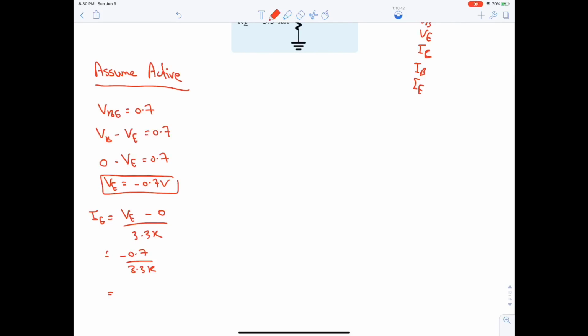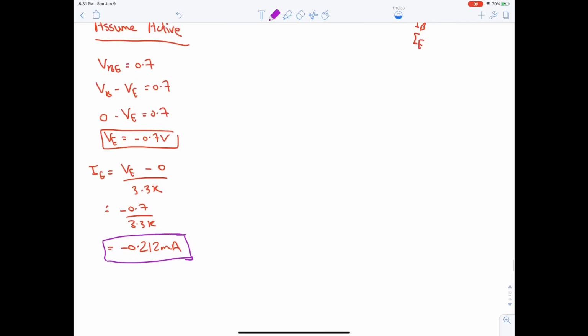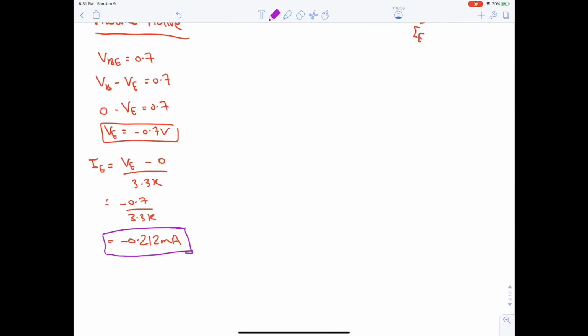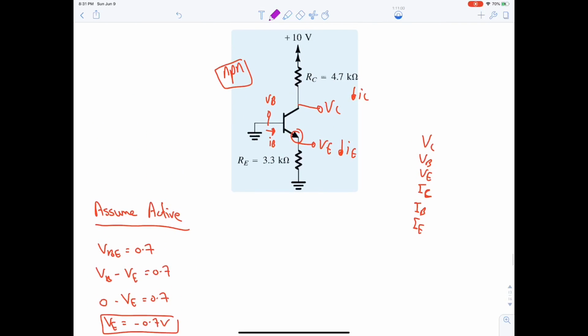This will give us IE to be minus 0.212 milliampere. Okay, so now we have a current in negative. This is a problem. We cannot have a negative current. Why is that? Now we have assumed active, right? Active means the currents are moving in this direction.